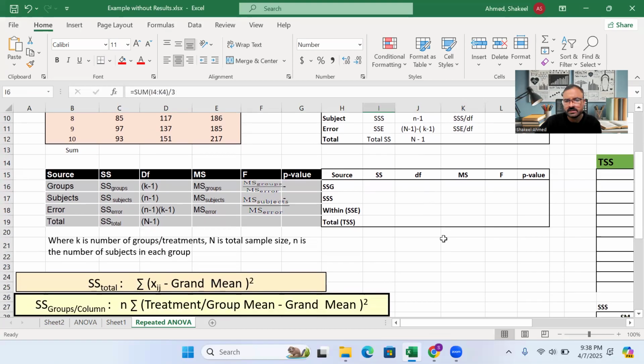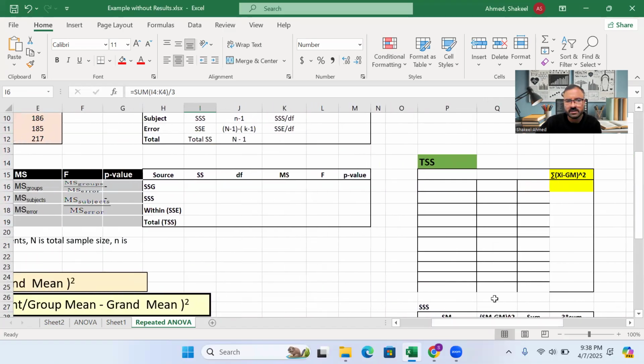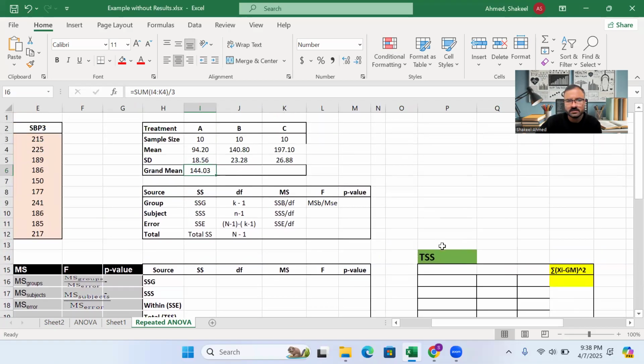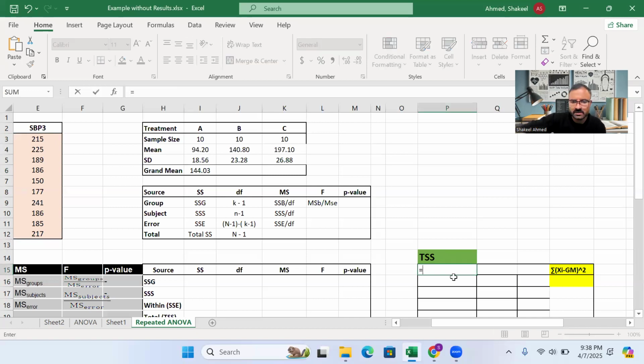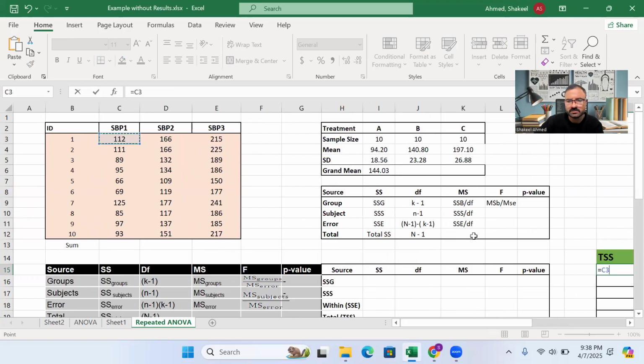So we will find the total sum of square just like we did in the previous example. It starts from this observation minus the grand mean.